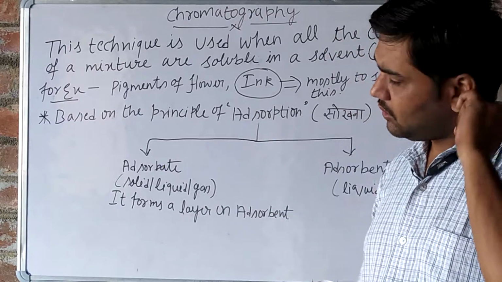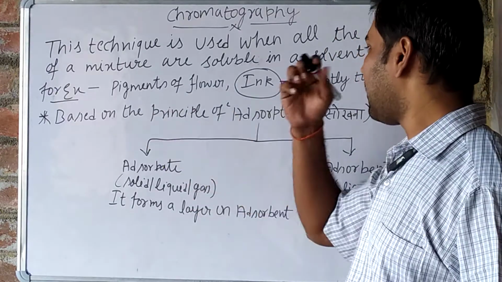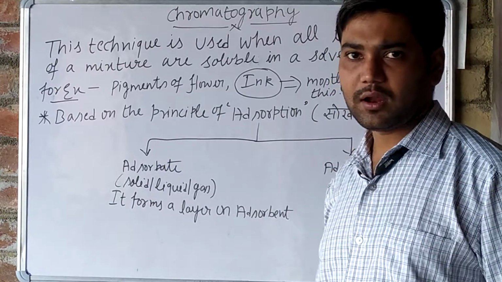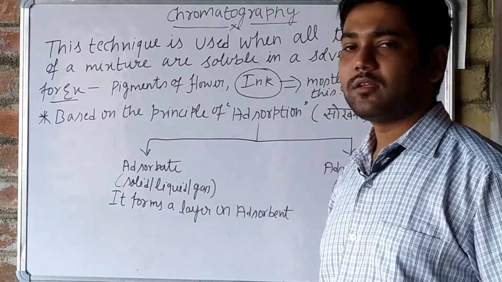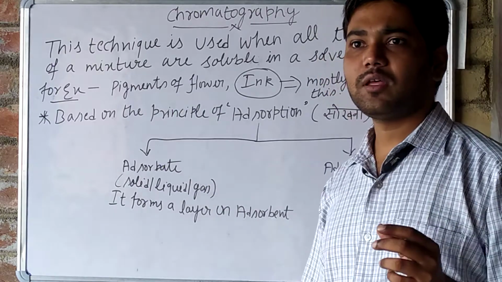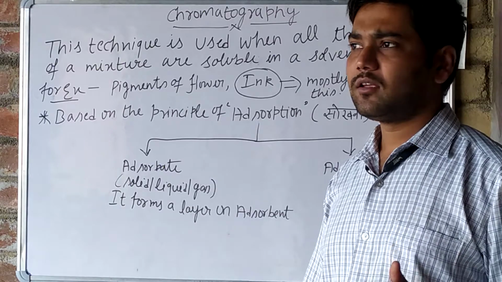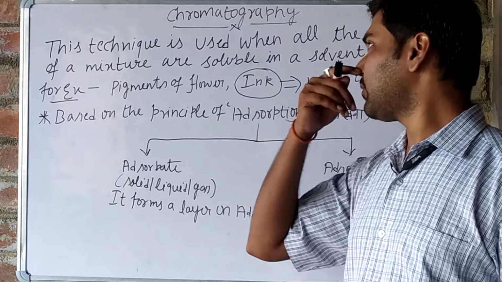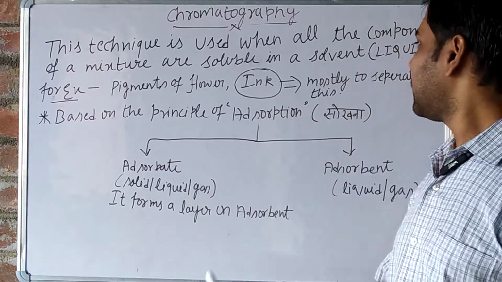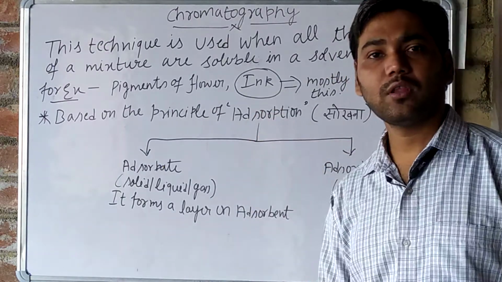For example, pigments of flower. Pigments of flower have many colors, and they can be separated by the process of chromatography. But the best example, the most commonly used one, is ink.